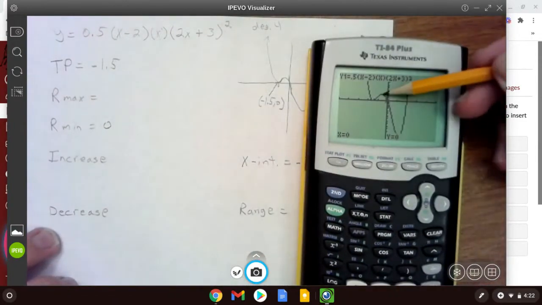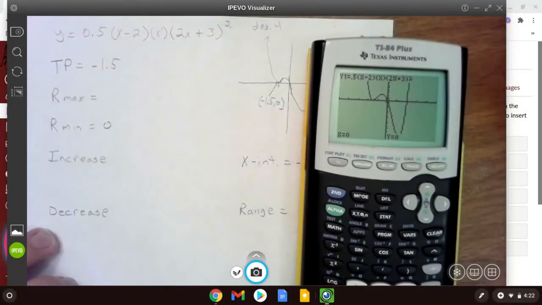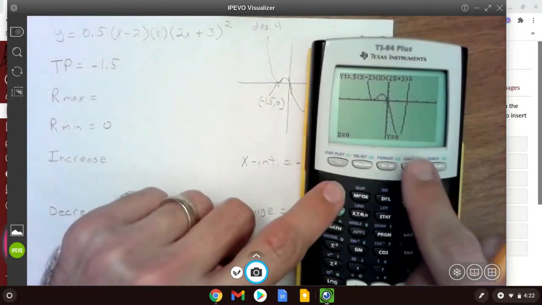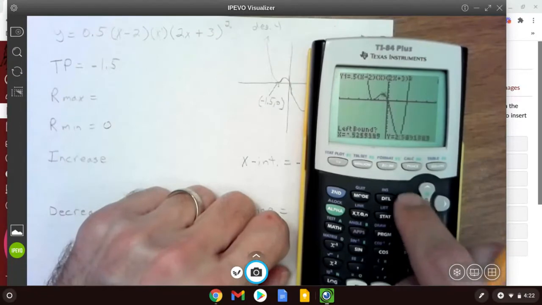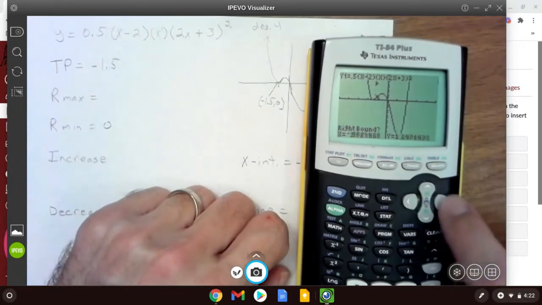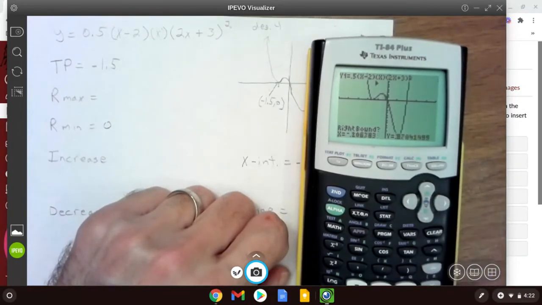But we need this critical point up here. That's what we were trying to find, actually. So this is going to be a maximum. Go to the left of it, go to the right of it.